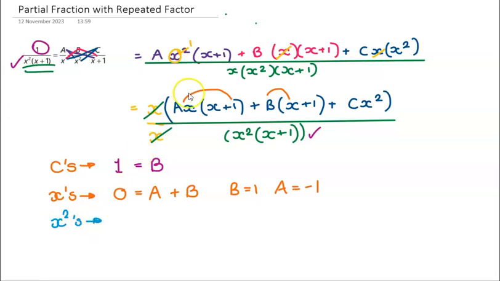We've got nothing on the left-hand side. We've got ax squared on this side. Got no bx squared, so forget about b. And we've got cx squared over here. So we've got a plus c. Well, a is minus 1, so c must be equal to 1.